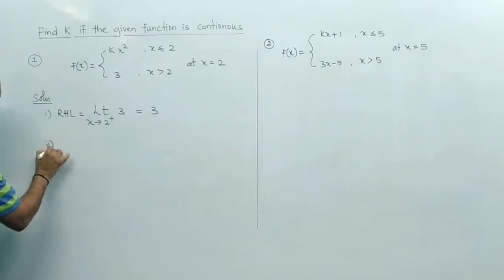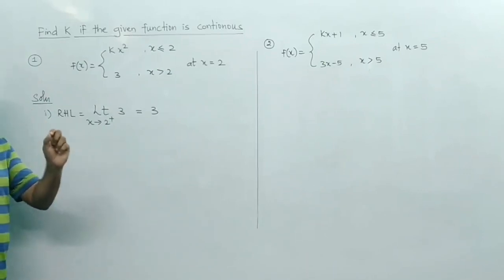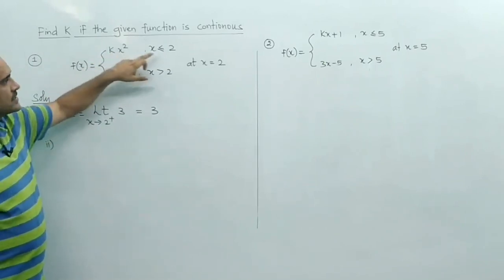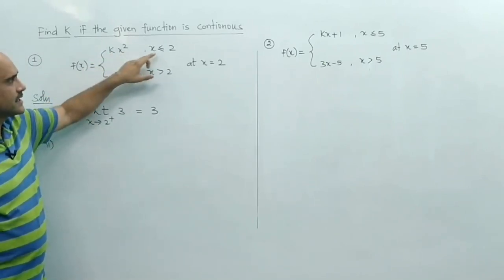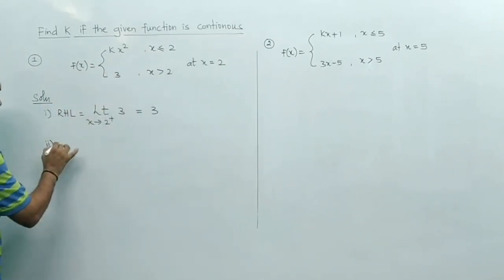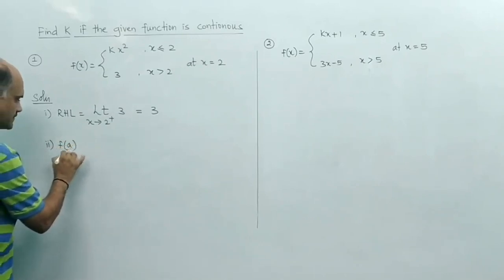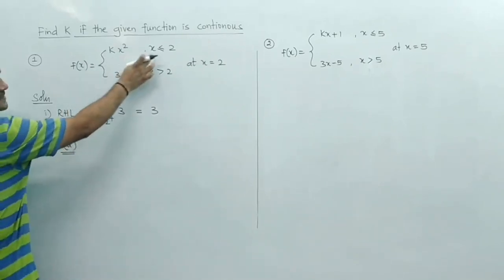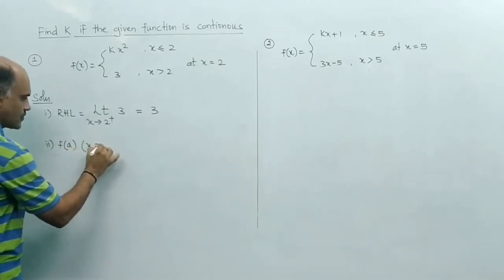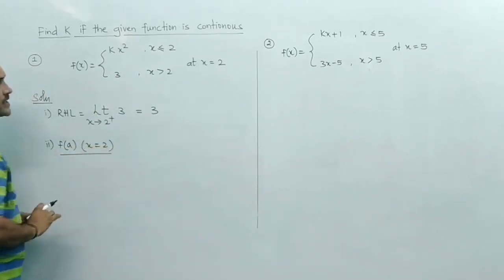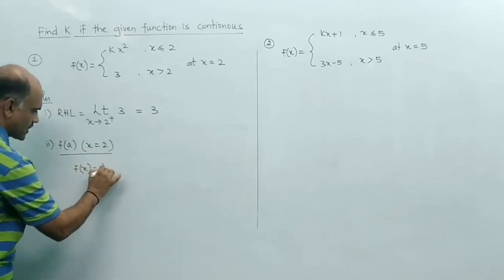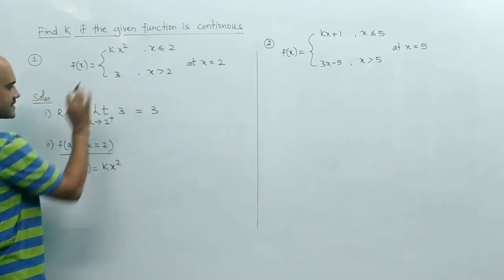Second step. Now take either f of a or LHL, meaning it should contain k. So I will take f of a. That means when x equal to 2, f of x is equal to k x square, as he has given.